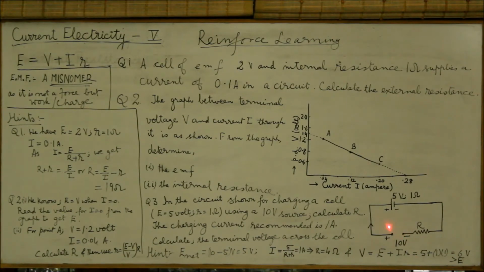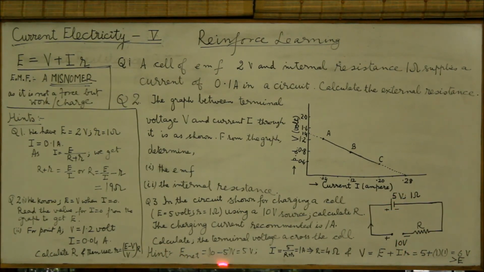Here, if you see the diagram carefully, this external source tries to drive the current here, because during charging the current must flow from positive to negative through the cell in opposite direction. So net voltage available will be 10 volts minus 5, because 10 volts is opposed by 5 volts.